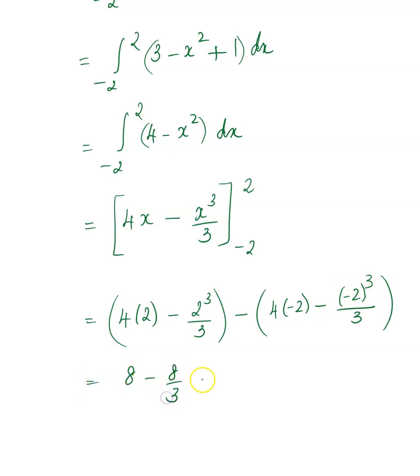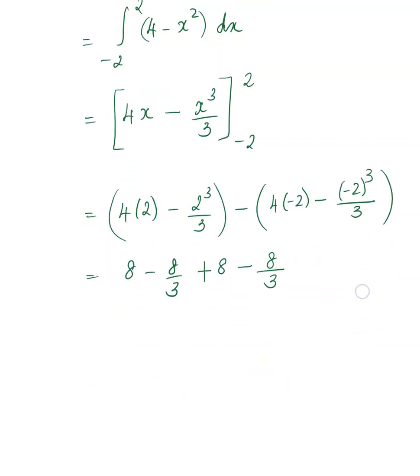Minus 8 over 3 minus a negative 8 here, so that's going to be plus 8. And then here it's negative 2 the whole cube, that's going to be minus 8. That minus with this minus will be plus 8, but you have a minus outside, so that's going to be minus 8 over 3. So it's basically doubling the 2. 8 plus 8, 16, minus 2 times 8 over 3, so minus 16 over 3, which comes out to be 32 over 3.